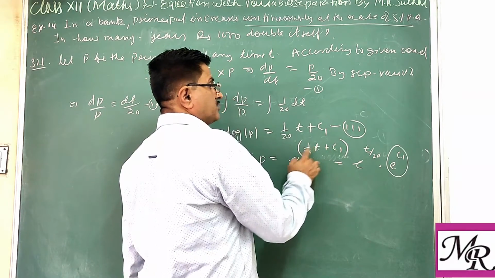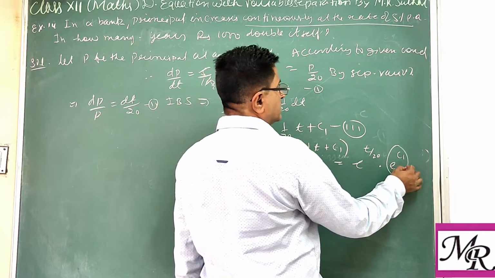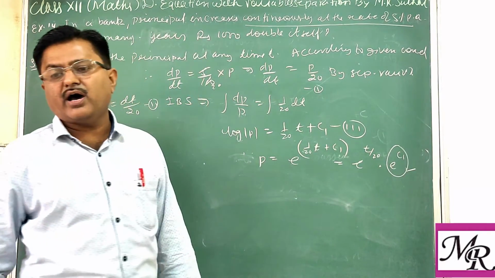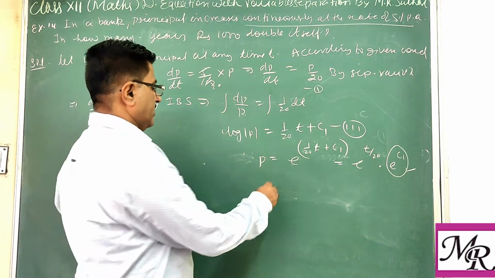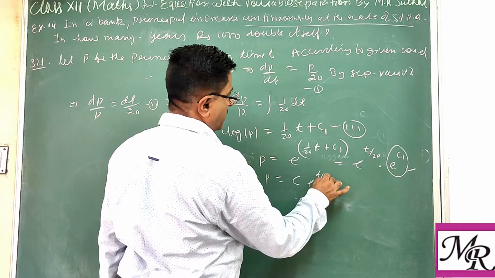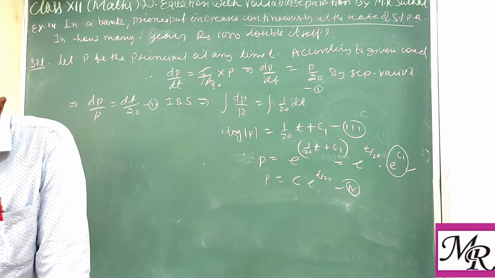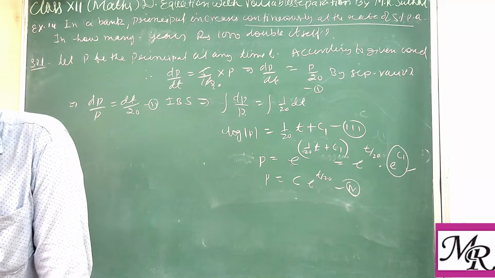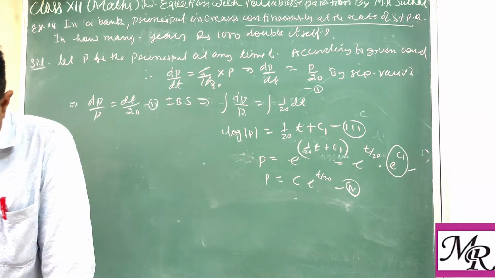Now e power c1 is a constant, which can be written as a new constant. So P equal to capital C e power t by 20. This is equation number 4. Clear?